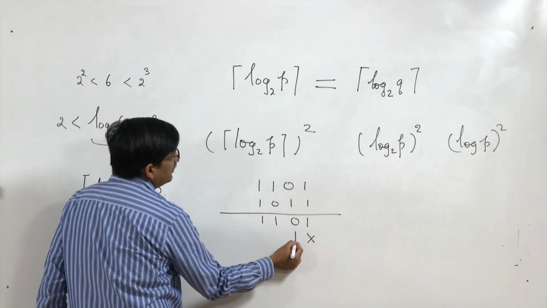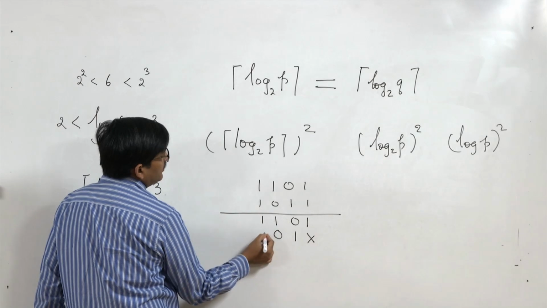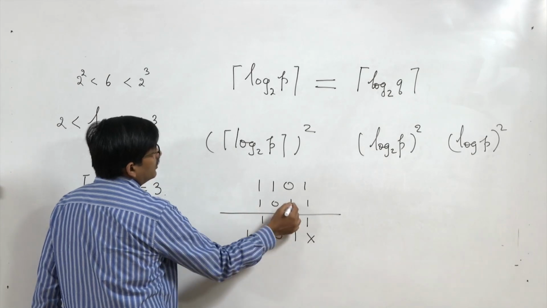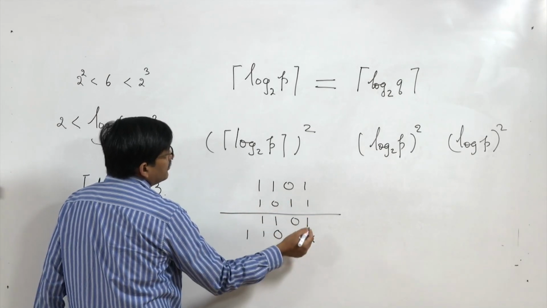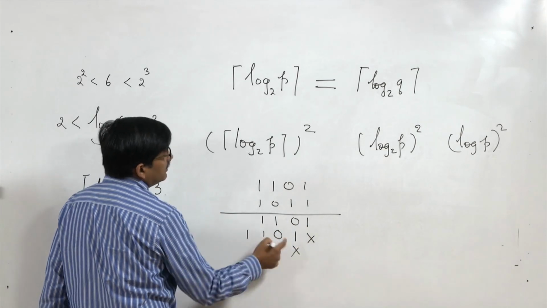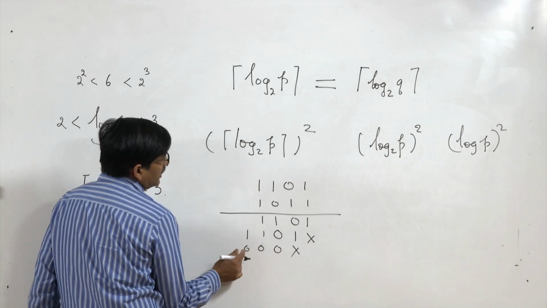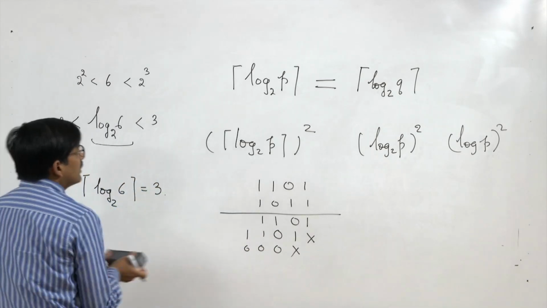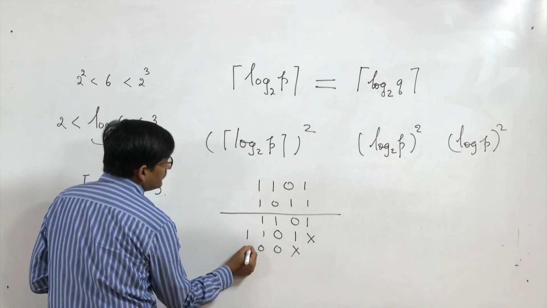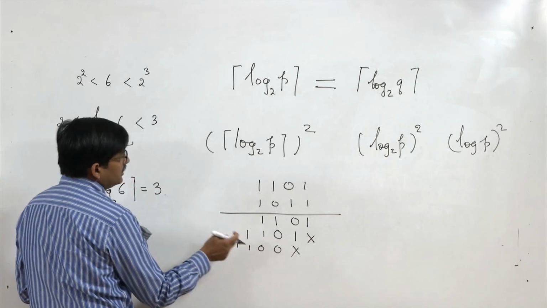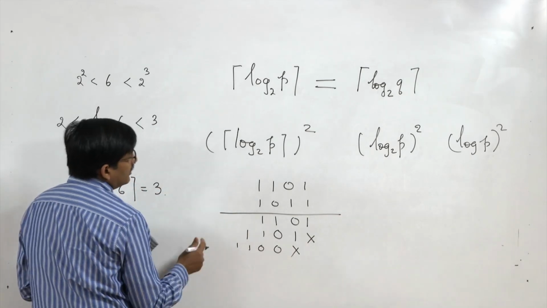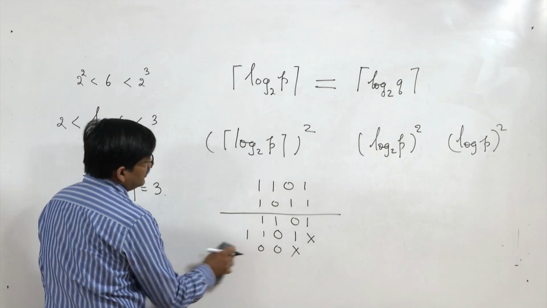This is the usual multiplication, then again it is 1 0 1 1. Then I cross out this portion again, now it is 0, so it is all zeros.